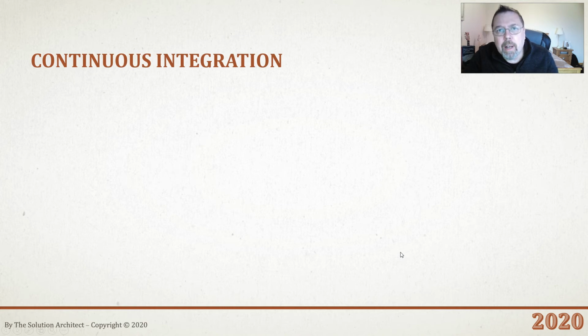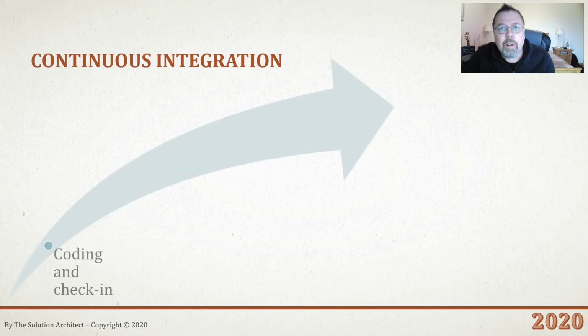So now let's go a little bit deeper into what continuous integration is. I'm going to show you a short process of what it is about. And like I said, I will have a series of videos that will go into more detail on each of these processes. You need to start somewhere.